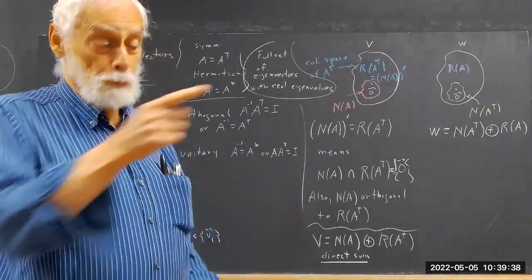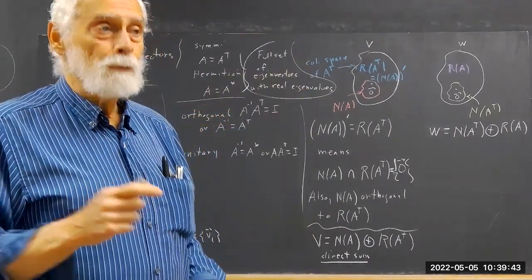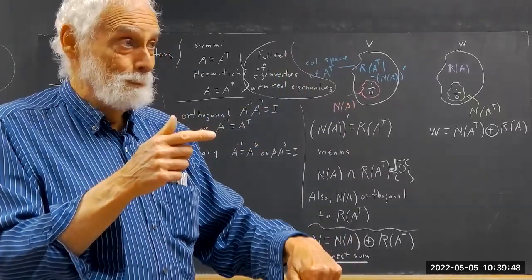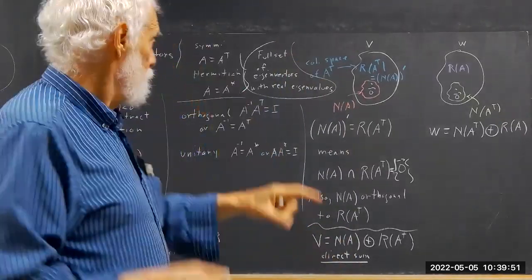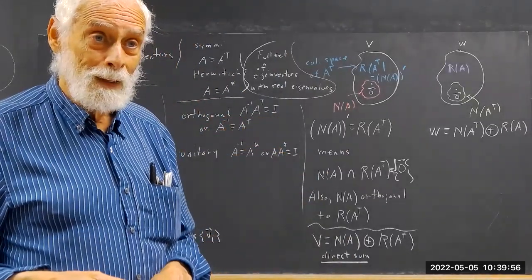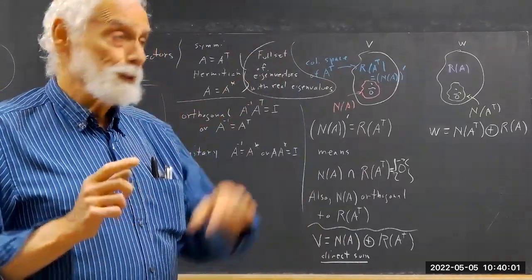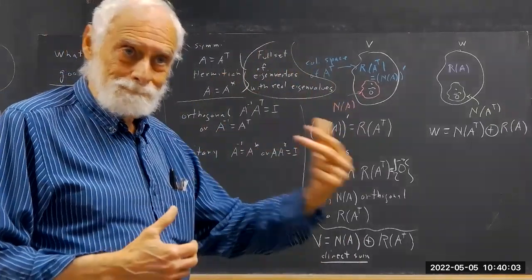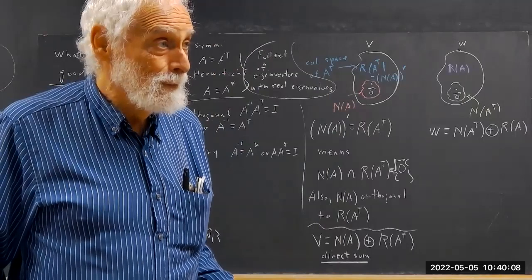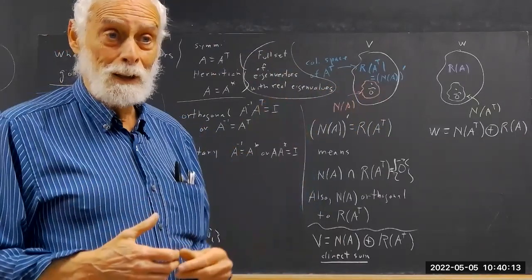Again, first row times first column is just the first row dotted with the first row. First row times second column is first row dotted with the second row. Well, if A A transpose equals the identity, that means that the first row dotted with the first row has to be 1, because that gives you the 1,1 element. First row times the second row has to be 0, because that gives you the 1,2 element, which in the identity matrix is 0, okay?